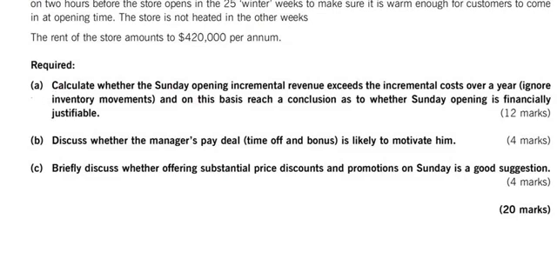So part A, we are being told to calculate whether Sunday incremental revenue exceeds the incremental costs over a year, and on this basis reach a conclusion as to whether Sunday opening is financially justifiable. So the incremental revenue would be the benefits versus the costs.